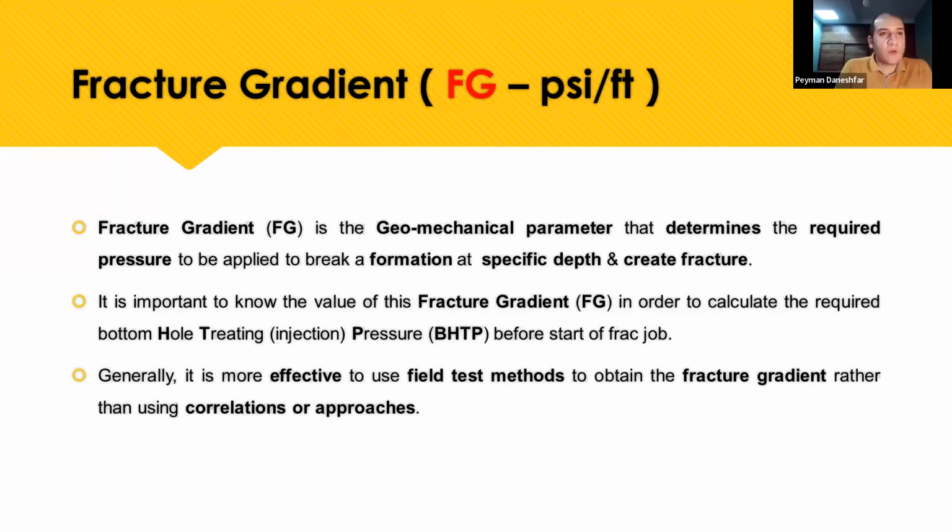How can we, whenever you give us an inaccurate fracture gradient? Because it's an important parameter in hydraulic fracturing, forget about the fracture fluid and proppant, it determines the fracture initiation pressure, or the breakdown pressure.